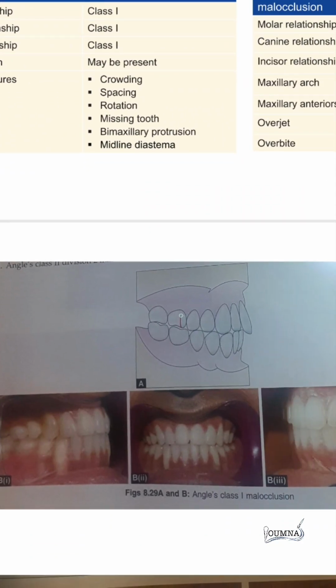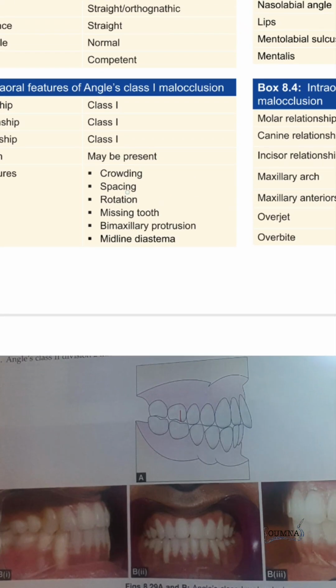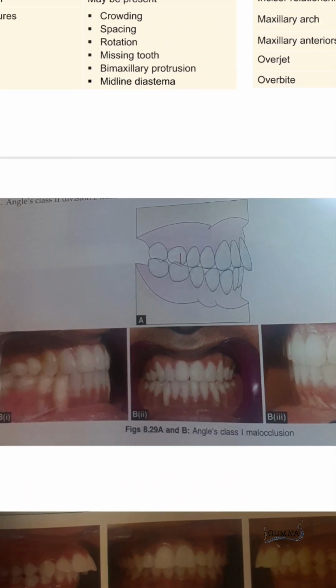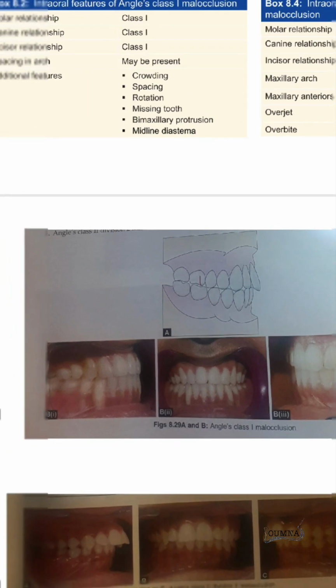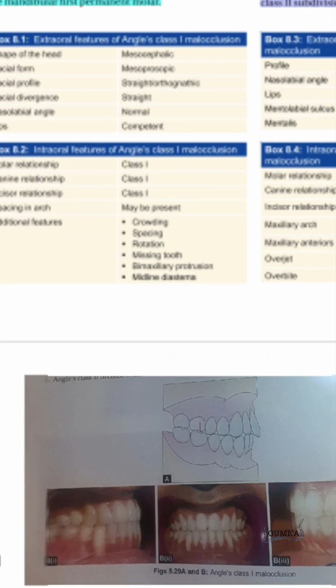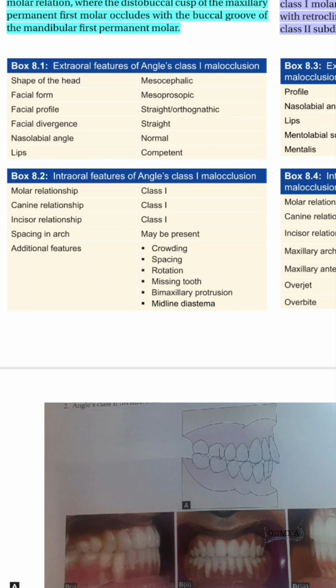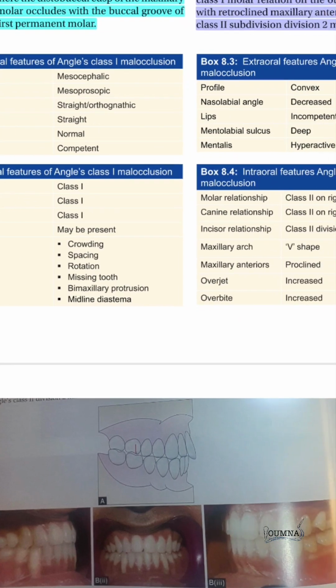But if we have, for example, crowding, spacing, rotation, missing tooth, protrusion, or midline diastema, these are all still considered class 1 malocclusion. The canine relationship is class 1. The facial divergence is straight.